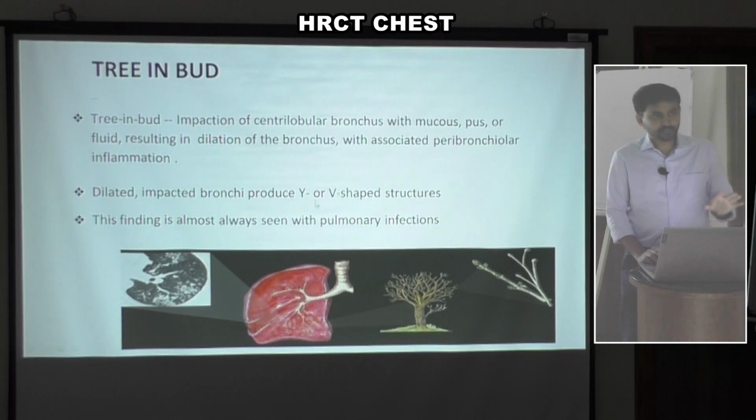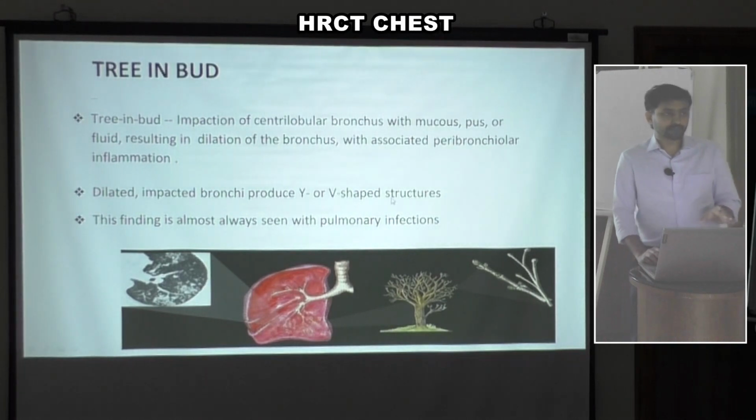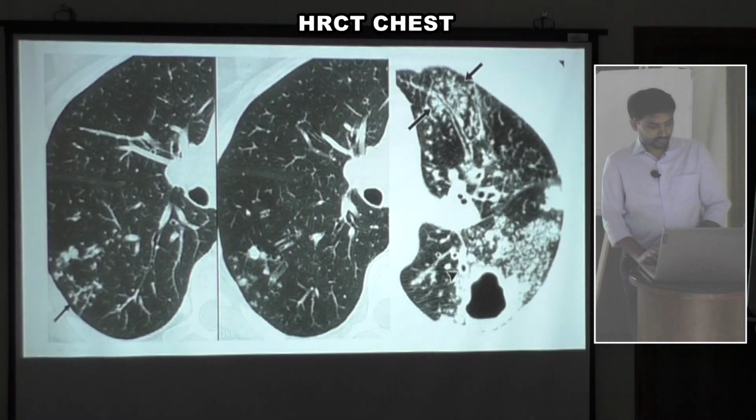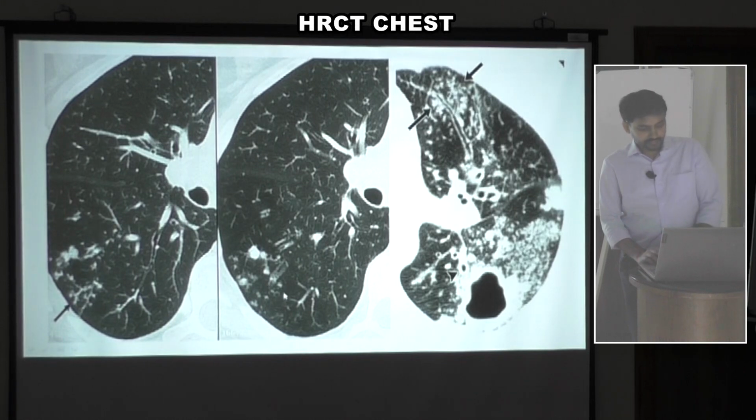This finding indicates active ongoing pulmonary infection. Tree in bud on HRCT looks like this: a thickened bronchus with associated centrilobular nodules. So this pattern gives the tree in bud appearance, indicating active spread of ongoing infection.